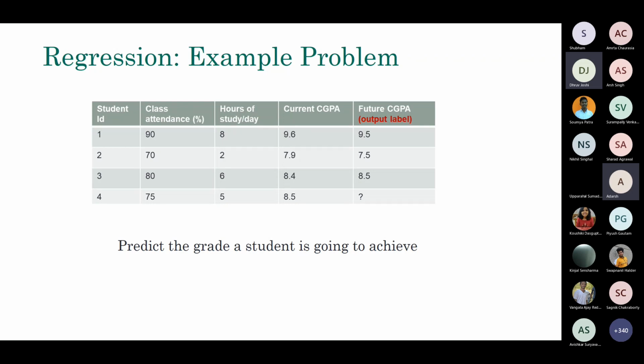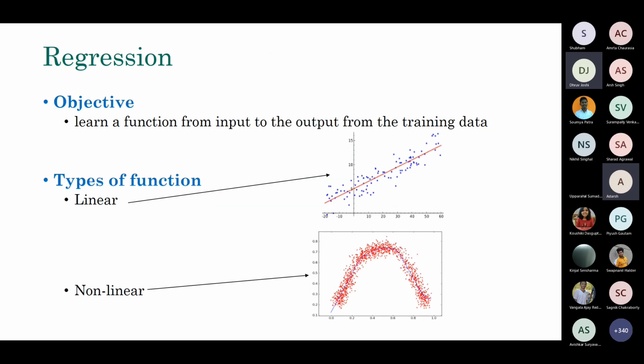All right. So regression, what's the objective? And this is not only the objective for regression, it is general for any kind of machine learning. The objective is to learn a function from input to output using the training data. Training data essentially will help you to learn the function. The regression could be a linear function or a non-linear function.